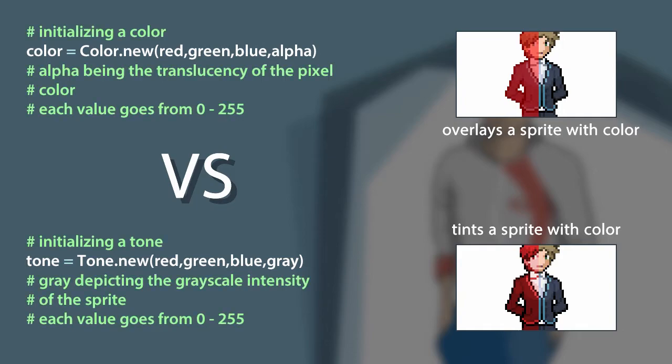And colors are of the Color.new class, which are going to accept the same RGB, so red, green, blue parameters for the pixel color, but then they're also going to have an alpha value instead of a gray value. And this alpha value is going to determine the opacity of the pixel of color that's going to be displayed on top of all of your rendered items inside of your viewport.